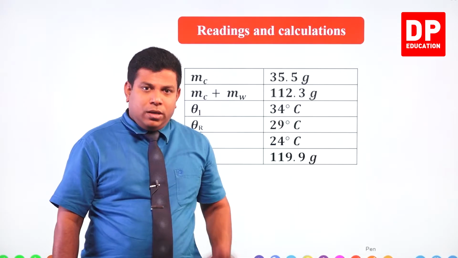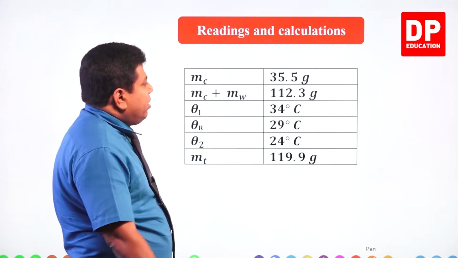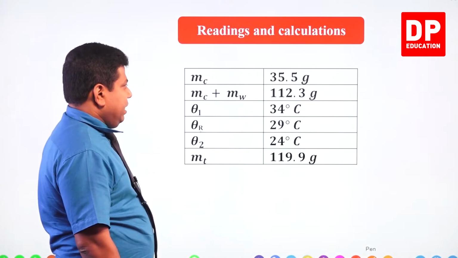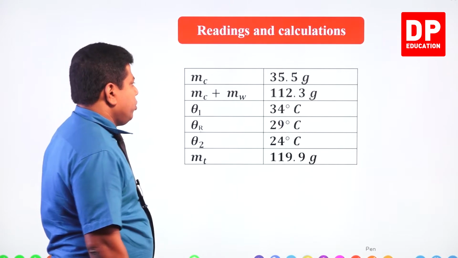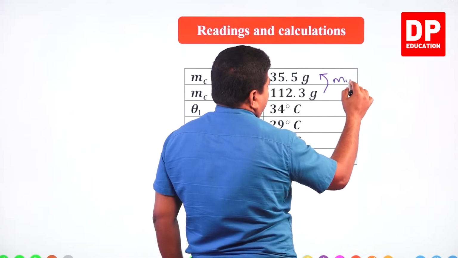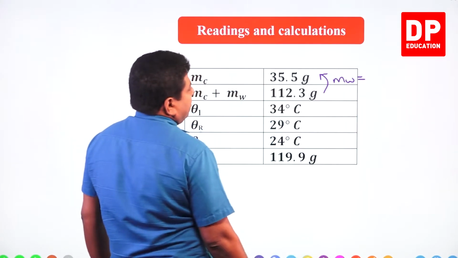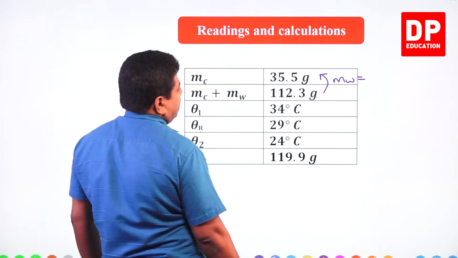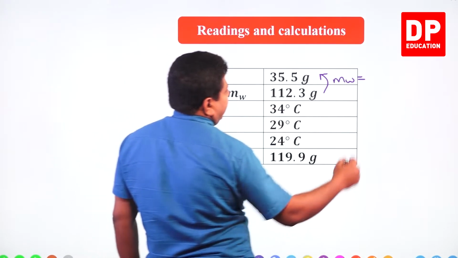You can see the readings we have got have been tabled here, MC plus MW. By getting the difference here, you can find MW. How much is that? Say if it is 36, you will have 76.8 then.